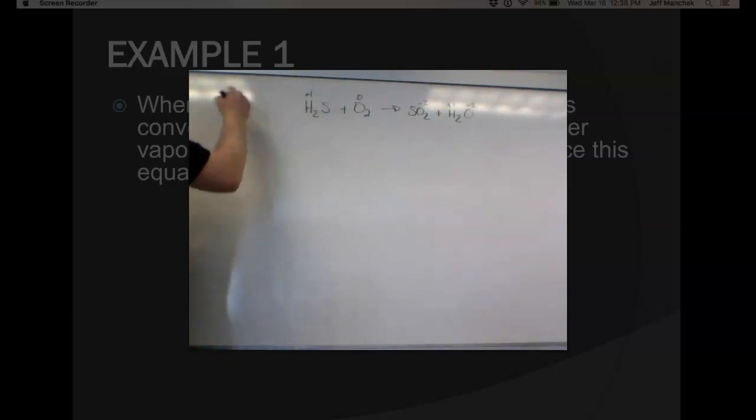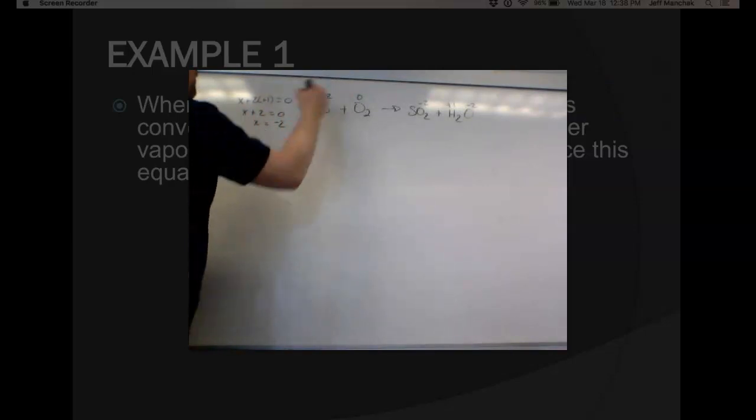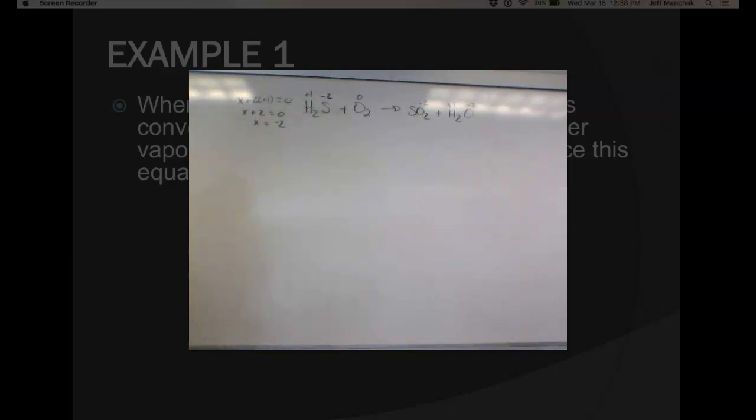So we can set up our equation: X for sulfur plus 2 times +1 equals 0. So X + 2 equals 0, and X is going to equal -2. So sulfur here has an oxidation number of -2. I'm going to erase this, but if you need to go back in the video to find it again, you certainly can.